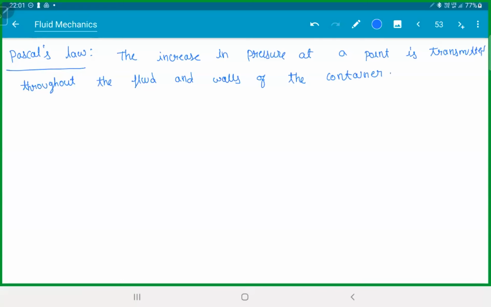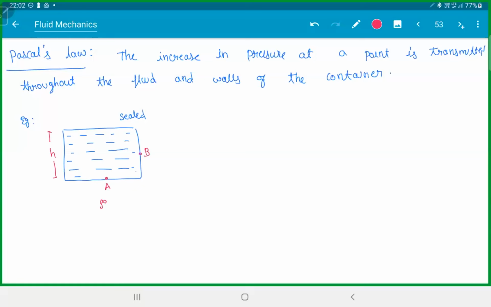Right? Then, so let me give an example. The container is sealed. Let's say we have height h. This was point A and this was point B. So the pressure at A will be rho g h.